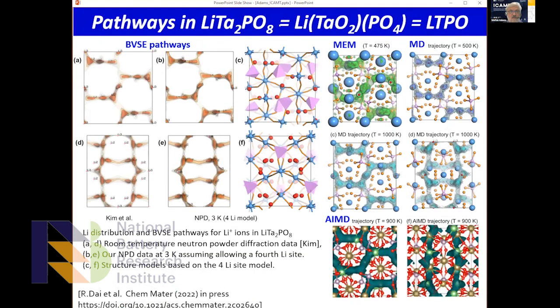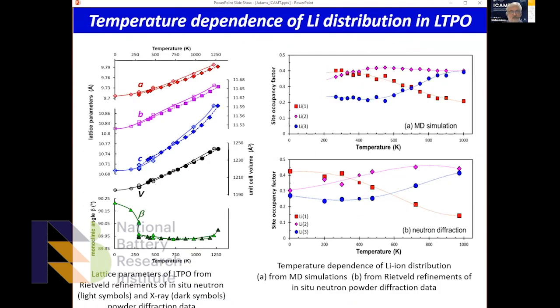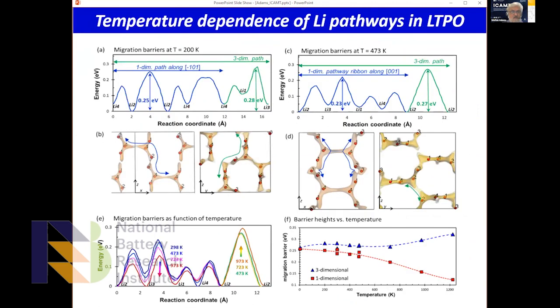So we said LiTa2PO8 is one such material that follows the guidelines like these glass forming materials. And we can predict the pathways in different ways. We can study in detail how the material behaves at different temperatures, but I think that's more to see why different methods find different results.